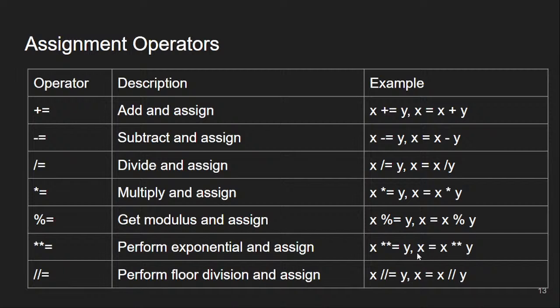Okay, so this will be the same thing as saying x to the power of y, whatever value you get, override x with it. All right, and then your floor division as well. So you can do x and then get the floor division of that value by y, and then you override what is stored already in x with the result you get from this operation.